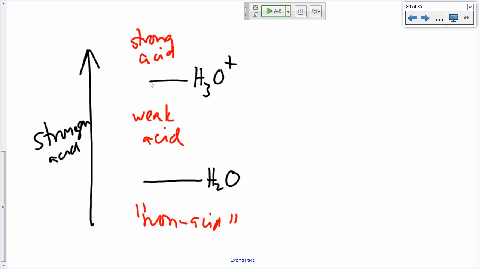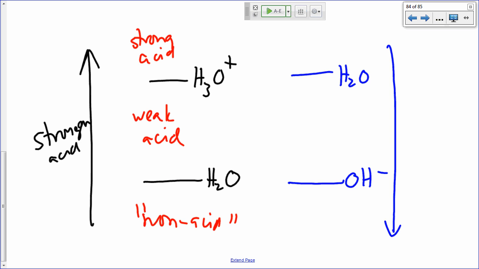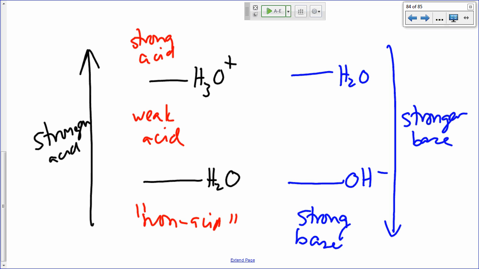Conjugate base of water is hydroxide, and the conjugate base of hydronium is H2O. So going this way, you have stronger base. Here you have your strong base, here you have your weak base, and this is your non-base, non-basic.